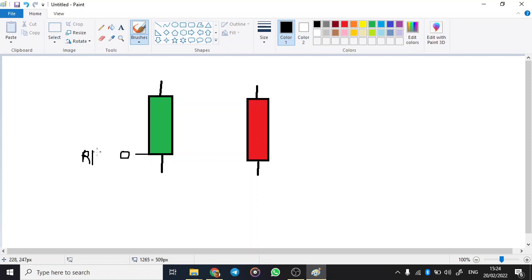So if we have 15 rand as our opening price for the currency pair of maybe US dollar against the South African rand, if the current price is 15 rand, that will just turn into a straight line right here before we have the green body.